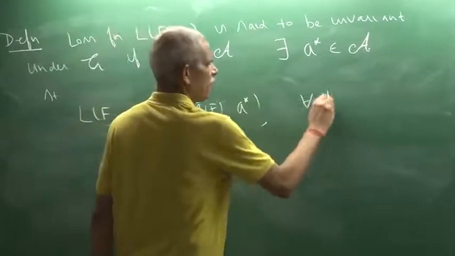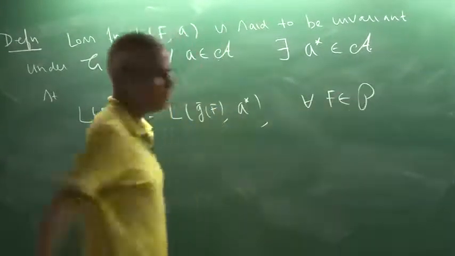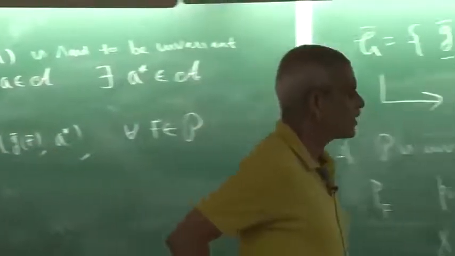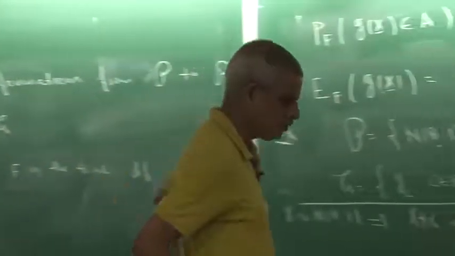And this should happen for every f belonging to P. So there is an invariance of a loss function in the two problems. This is the definition of a loss being invariant.